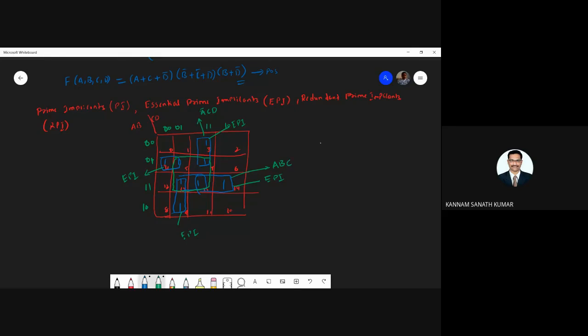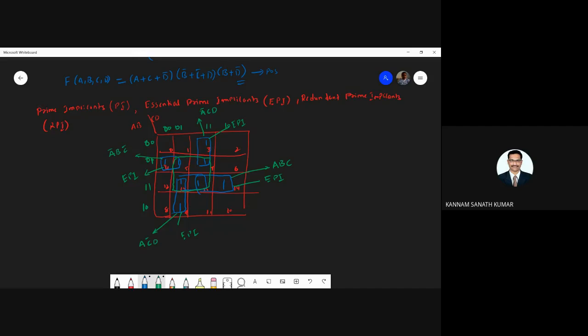And next, this one is one of the essential prime implicants: A C bar D. And if you write this one, what are you getting? A bar B C bar. So these are nothing but the essential prime implicants.